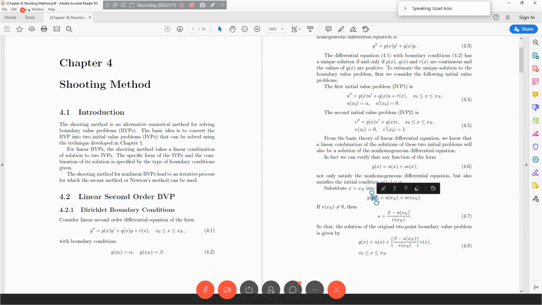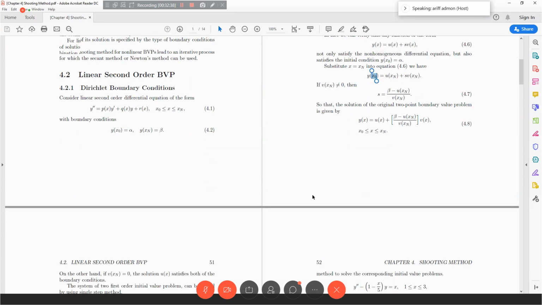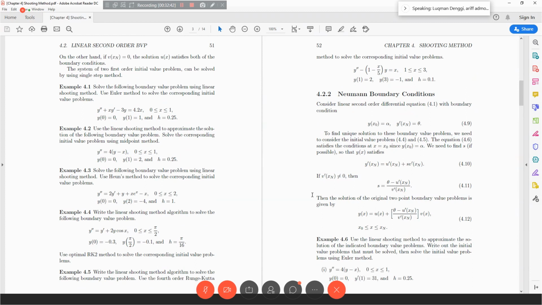This one is supposed to be y(xn). Sorry. Above here it already says substitute x equal to xn. Typo. Okay, any other question? May I proceed? Okay, good.